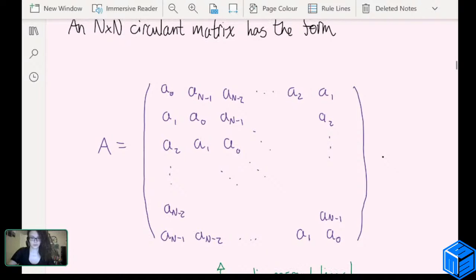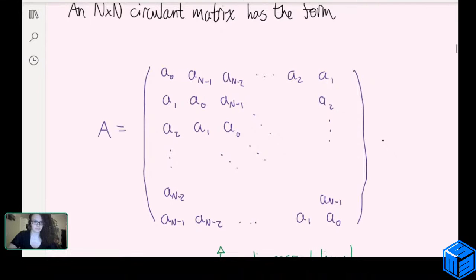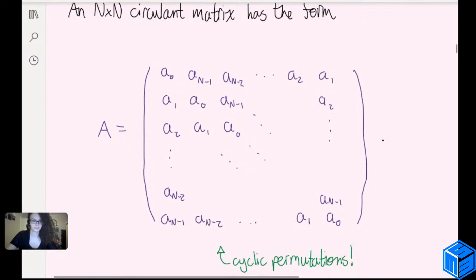And we can also notice that in the rows and columns, we have cyclic permutations of our elements. So if we look at this first column on the left, we've got entries A0 up to A(n-1). And then in the column beside it, we have the same thing, except the bottom entry is now on the top. So A(n-1) is on the top now.